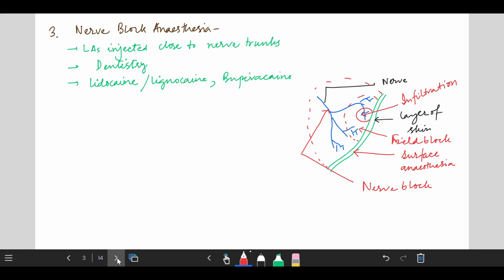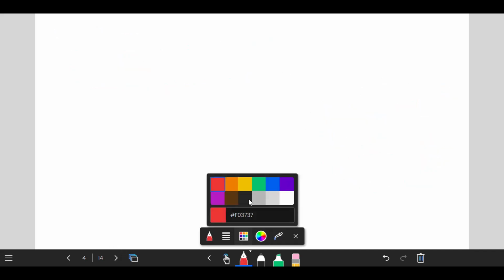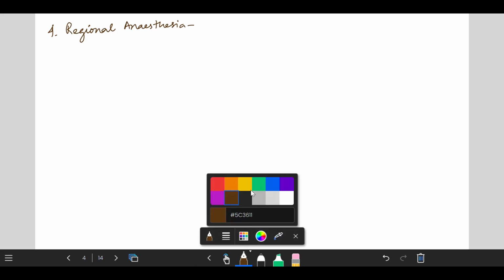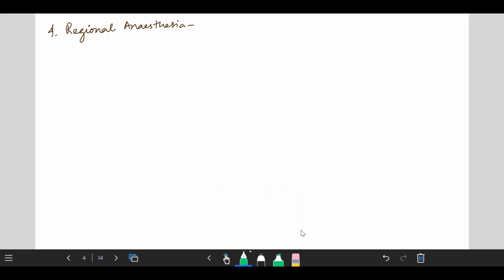Now the next one, the fourth one, is regional anesthesia. What happens in this anesthesia? It is achieved by injecting LA intravenously, or IV, into the most distal venous portion of a lower or upper extremity.